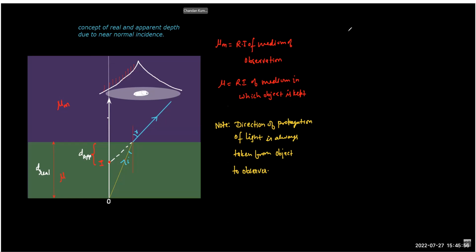The moment you write Snell's law, applying Snell's law at the interface, what can we write? Tell me, guys. Applying Snell's law at the interface, what can we write?